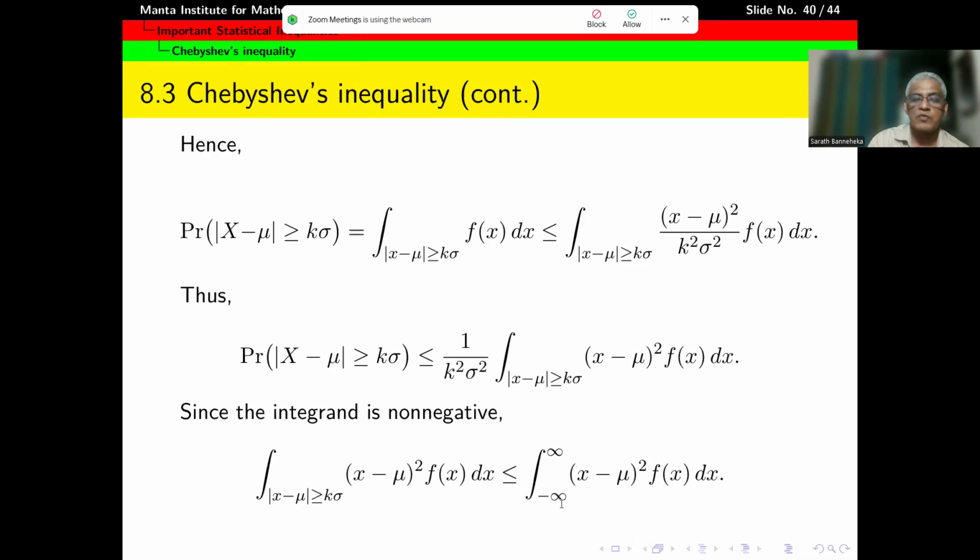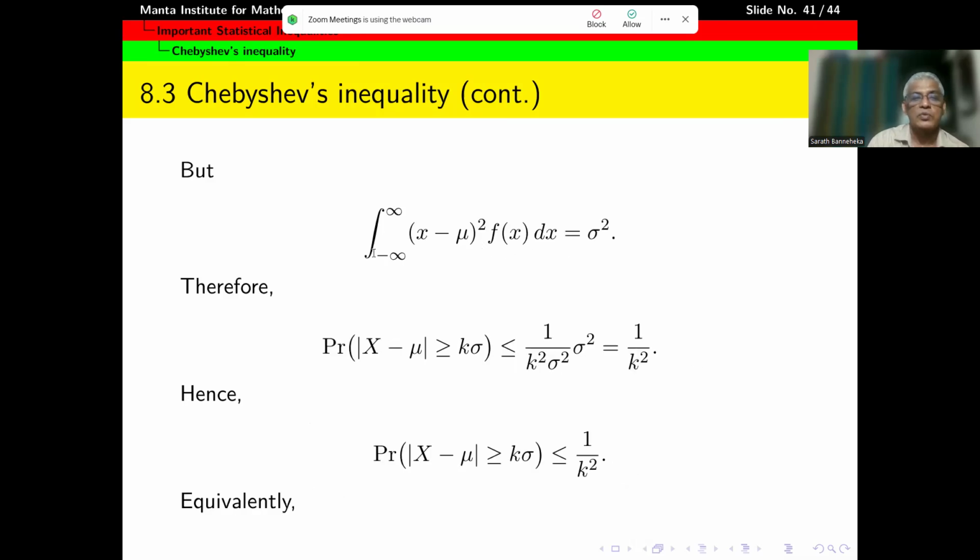But this integration is actually the same as the expected value of (x minus mu) square, which is the same as the variance of x, and that is the same as sigma square. So this part is sigma square. Therefore, this thing is less than or equal to 1 over k square sigma square times sigma square, which is equal to 1 over k square.